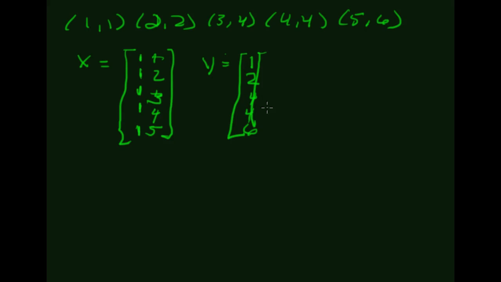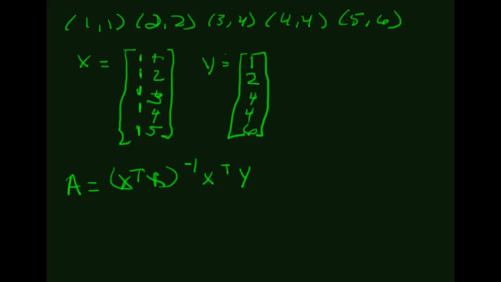Okay. So the argument is that if I take A to be X transpose X inverse times X transpose Y, I will get the coefficients for the least squares regression.